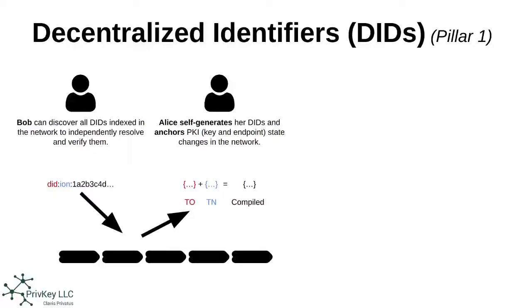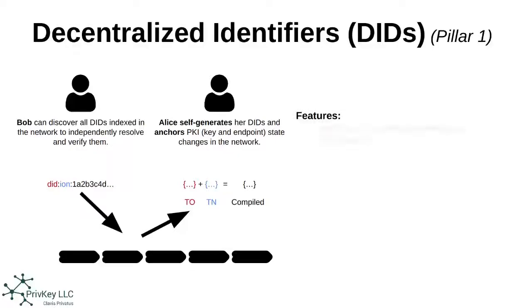He's going out to this blockchain or the distributed network, and he's just looking at the IDs. Alice then self-generates her own DID and anchors the data or state changes in that network, in that blockchain, and puts it there. Then Bob can look at what she self-generated, right?